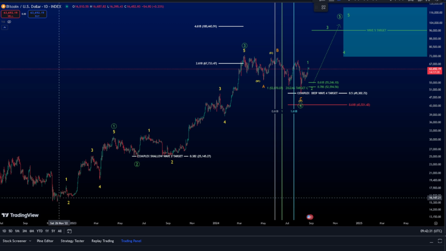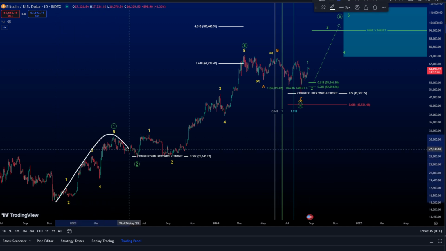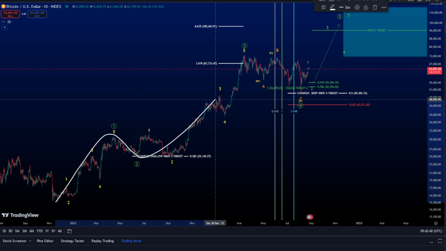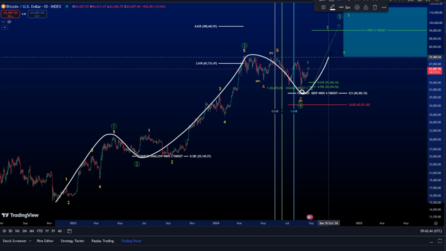Now on the daily chart we can see that Bitcoin is still in a very healthy impulse towards the upside with the green label here, 1, 2 and 3, 4 finishing a wave 4, and we are looking for a wave 5.